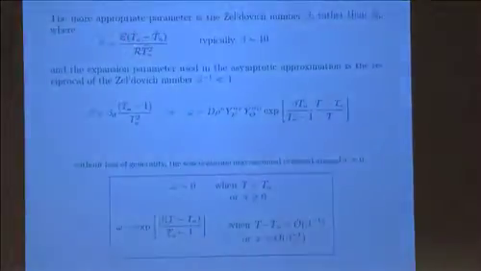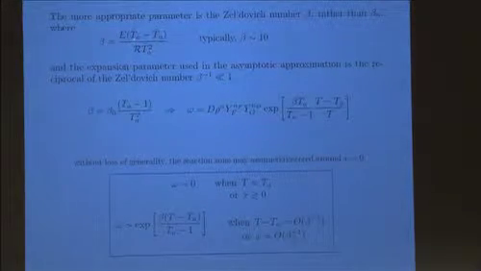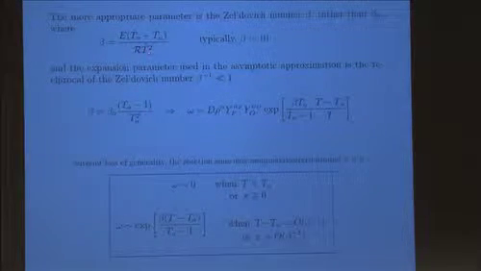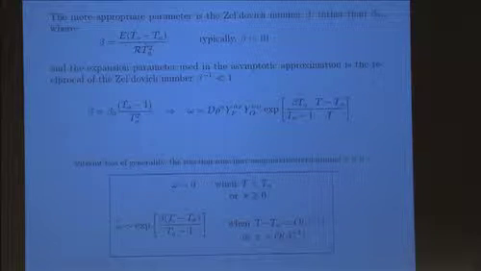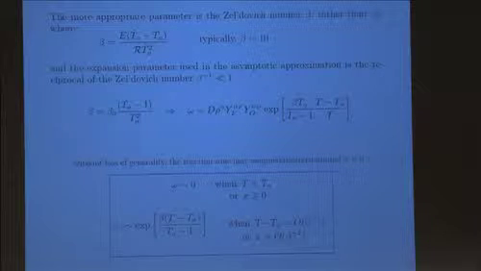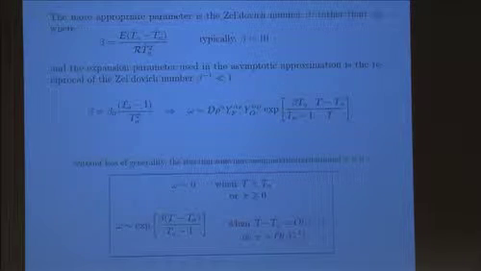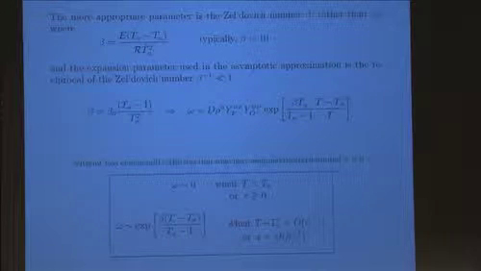In other words, it's multiplied by this factor TA minus TU divided by TA squared, which is approximately something like 1 over 6, 1 over 7. So it's an important factor. And this parameter is often referred to in the literature as the Zeldovich number, beta.